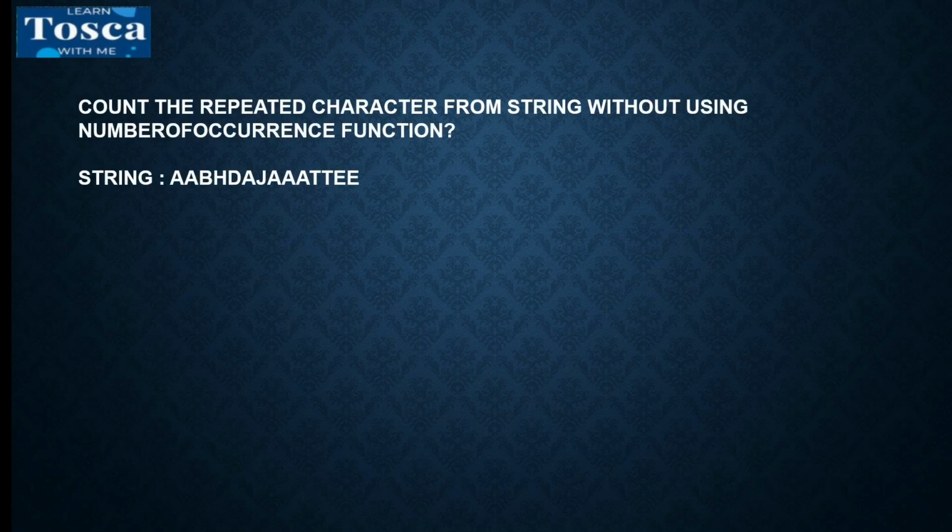Next one is: count the repeated character from a string without using the number of occurrences function. In Tosca we have a number of occurrences string function where we can find the repeated character from the string. That is straightforward, but here there is a slight change in the question. We should not use the number of occurrences function.